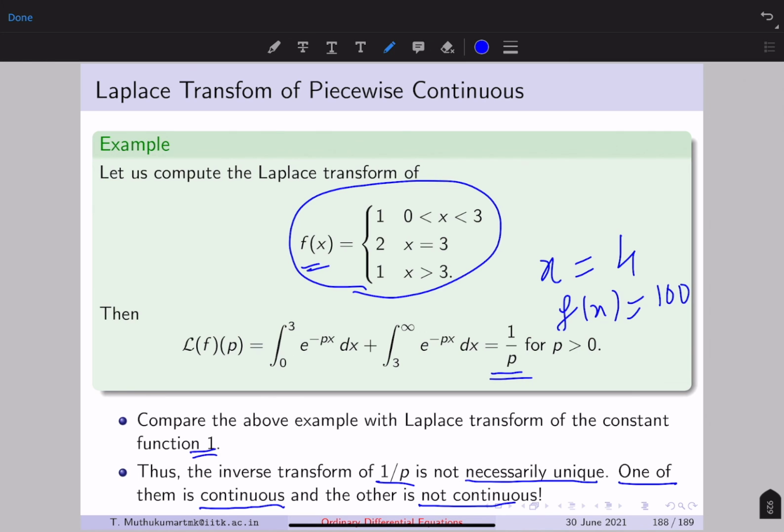As long as I introduce a finite number of discontinuities to this function or to the constant function 1, this Laplace transform won't change. So you have more than one inverse transform for 1 over p, right? But what we know is that one of the inverse transforms is continuous and the others are all not continuous. They are all piecewise continuous.